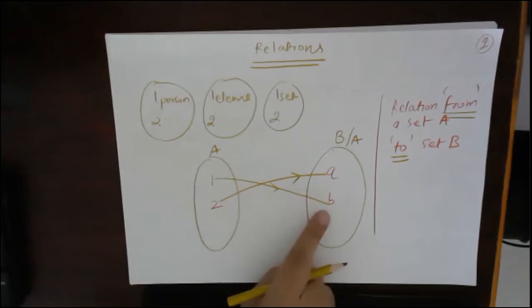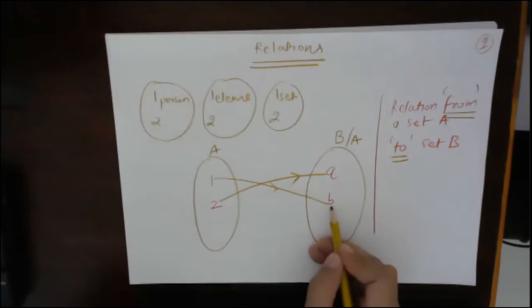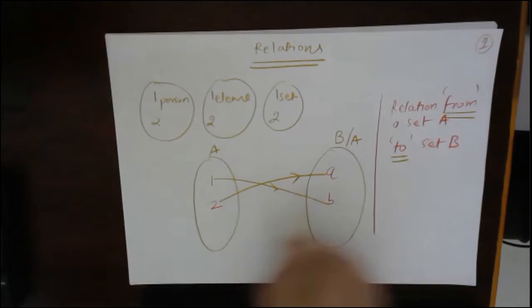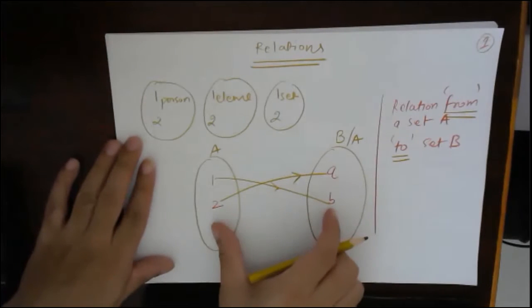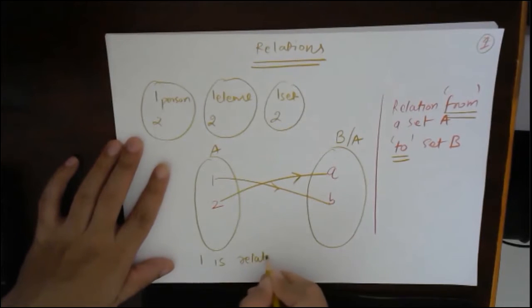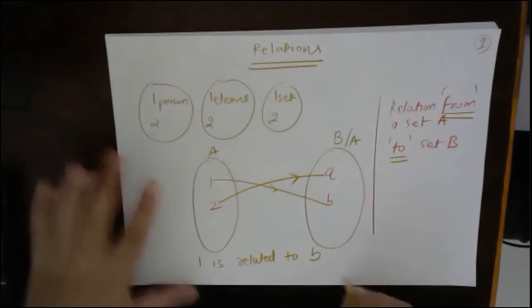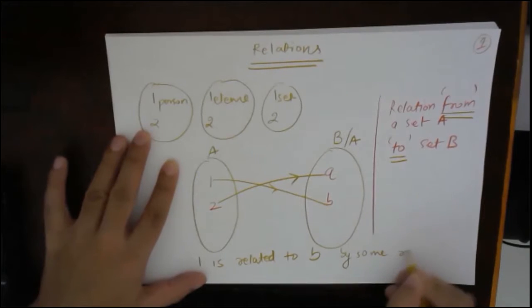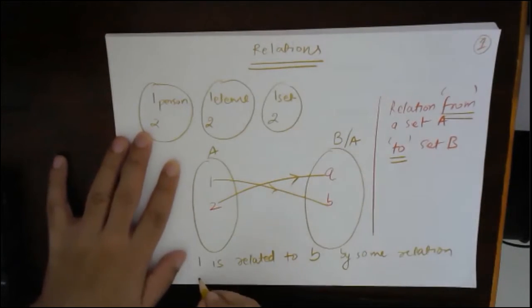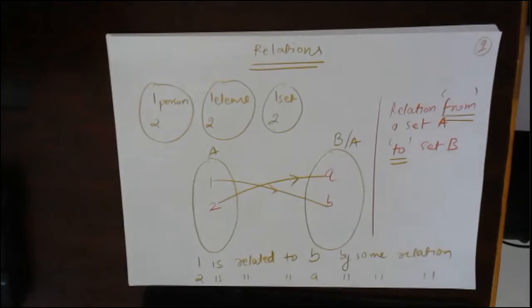So just by looking at this diagram, I can say 1 is related to b by some relation, and 2 is related to a by some relation, which has already been specified.